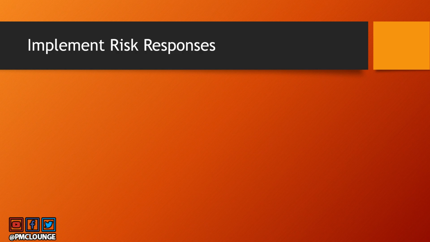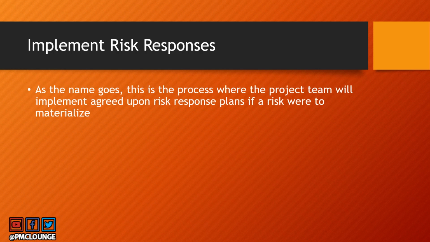All right, so as the name goes, this process is all about implementing the agreed upon risk response plans if a risk were to materialize. So as part of risk management, you first identified all the risks, then you analyzed them qualitatively, quantitatively. We have discussed all this previously as well, right? In these respective processes.